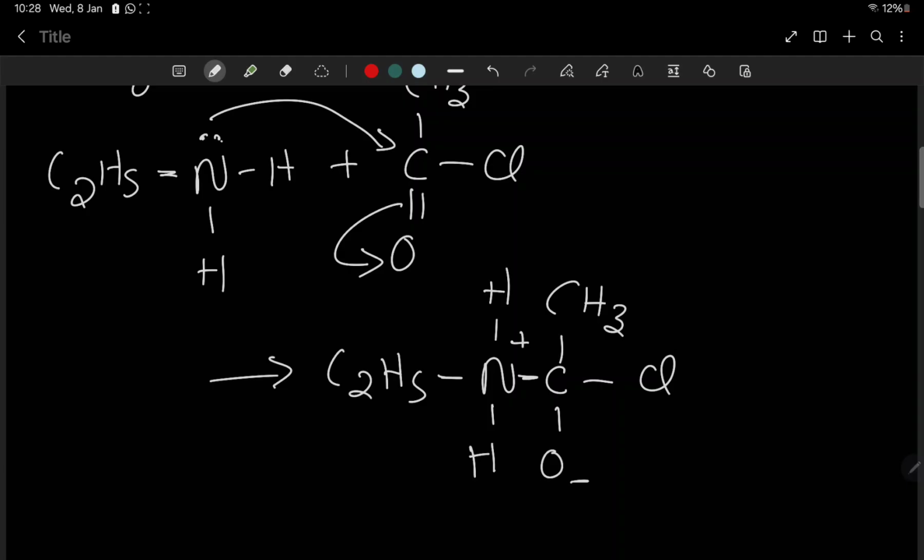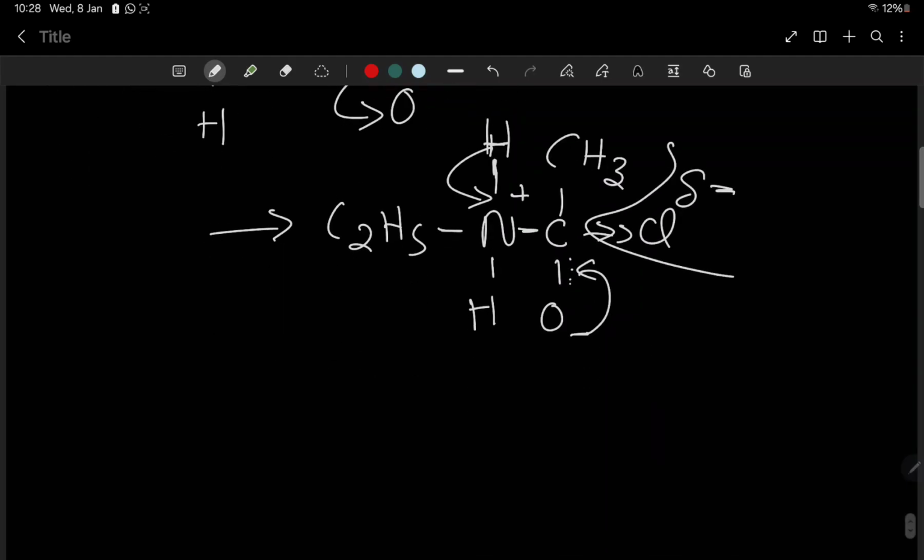Now this minus charge falls back. This hydrogen will leave, giving its electron to nitrogen to remove the positive charge. So the double bond forms here, chlorine, being more electronegative, will cut and go off.